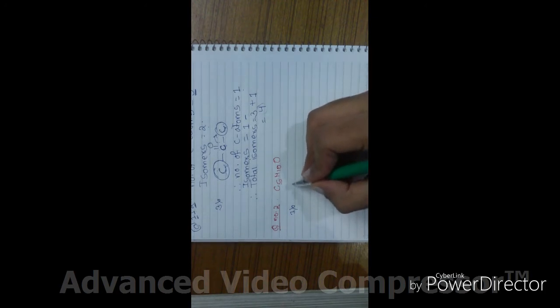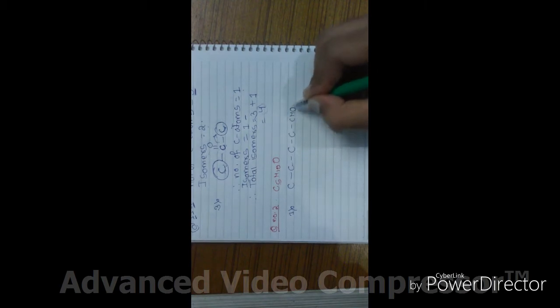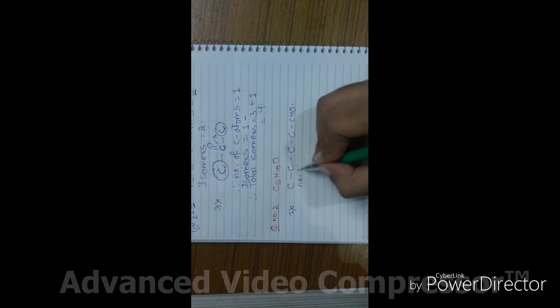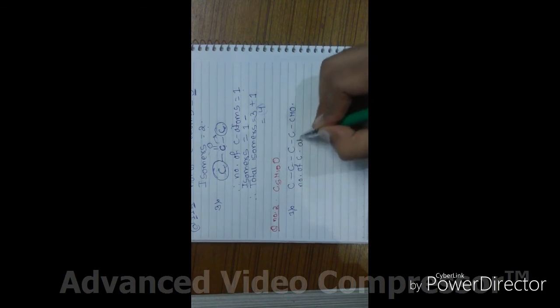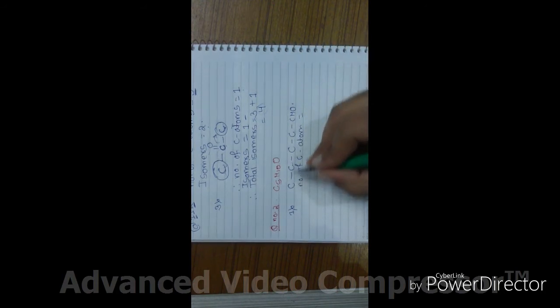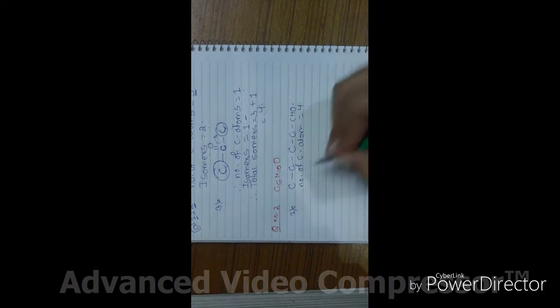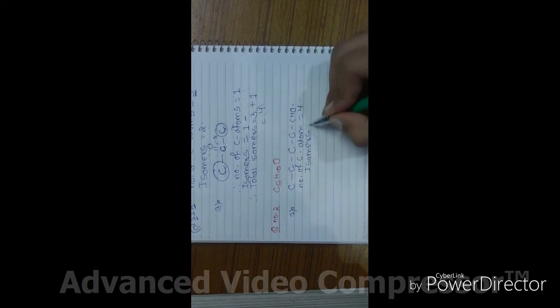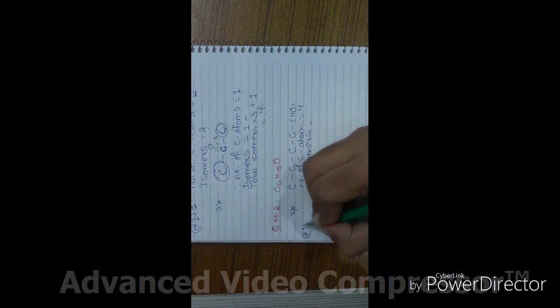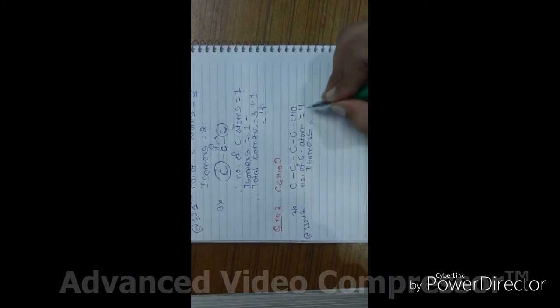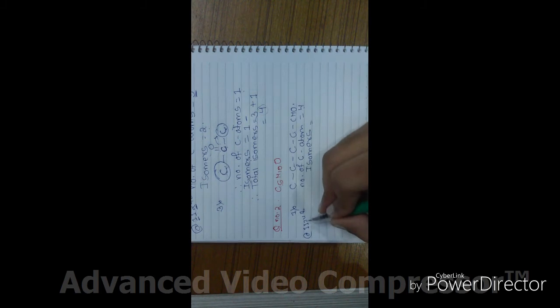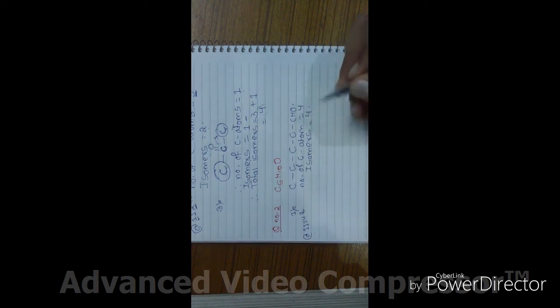For aldehyde, 1 2 3 4 and CHO. So number of carbon atoms equals 4, and isomers equal, by 11248, so for 4 carbon atoms, 4 isomers are present.